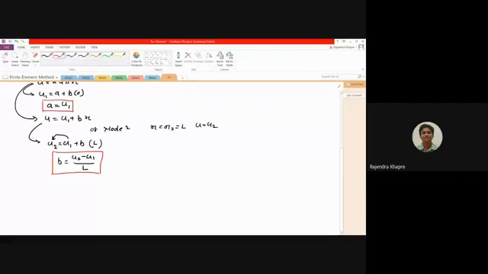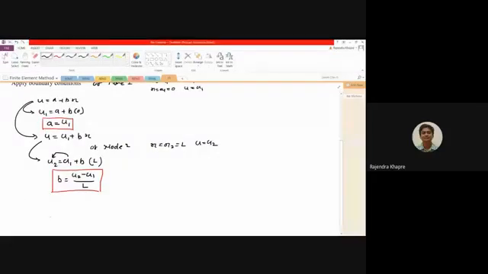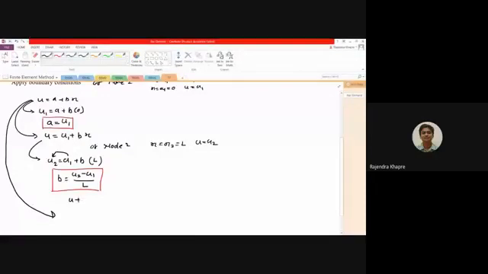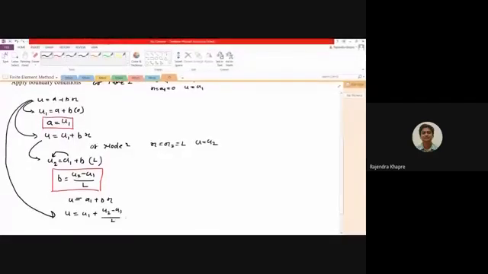If you refer to your earlier original deformation expression, it was u equals a plus b into x. So this original expression now will become u equals u1 plus, where b is nothing but u2 minus u1, divided by L, into x.